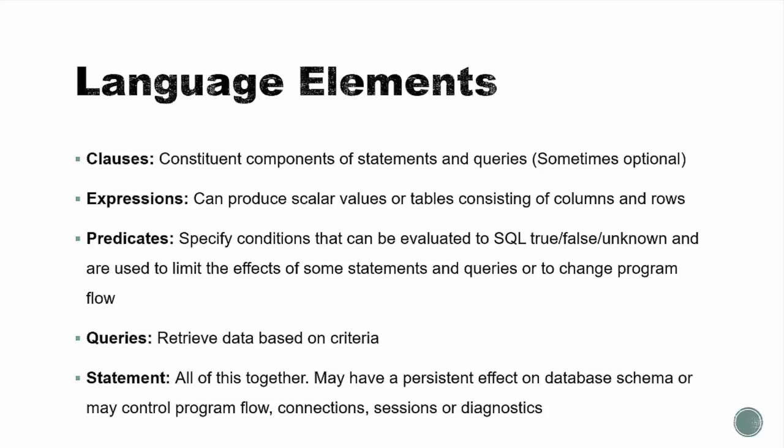Predicates, which specify conditions that can be evaluated to true, false, or unknown, and are also used to limit the effects of some statements and queries or to change program flow. Then we have queries, which are used to retrieve data based on specific criteria. And then a statement is all of this together, which may have a persistent effect on the database schema or may control program flow, connections, sessions, or diagnostics.